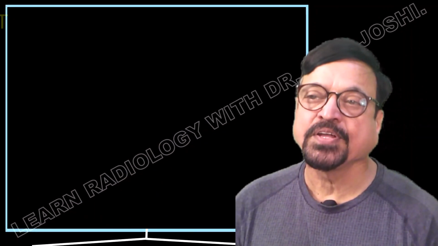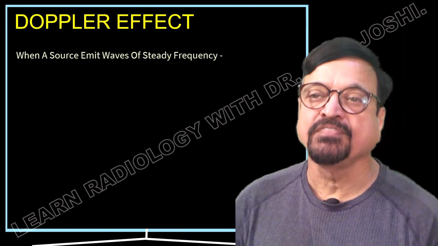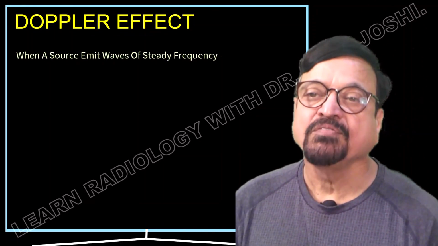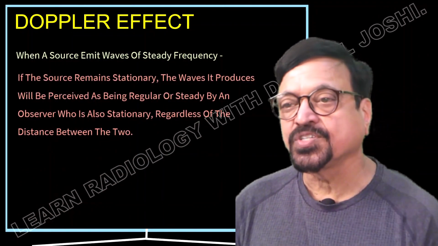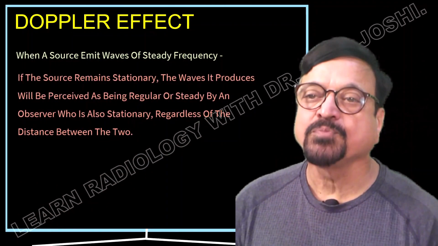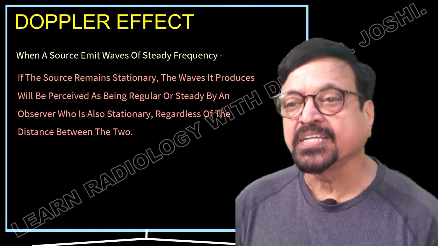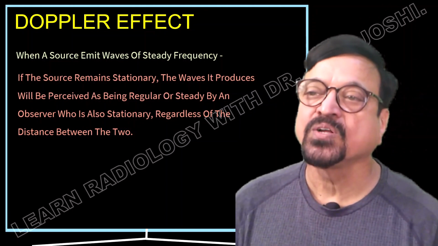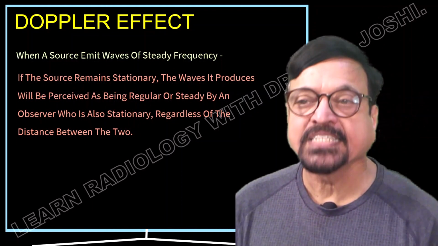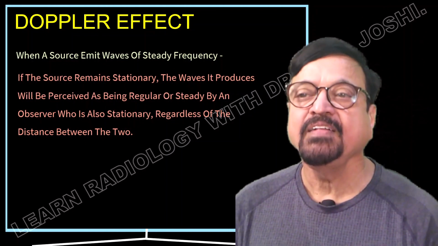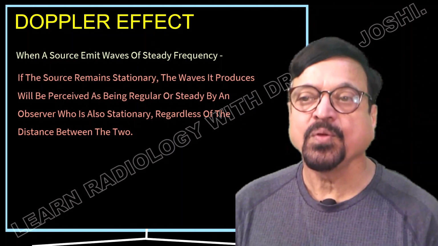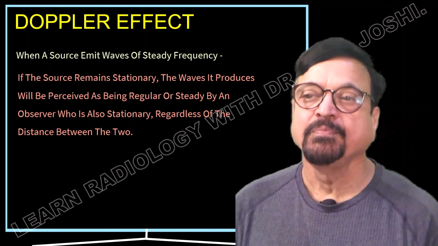The effect is that's why known by his name as the Doppler effect. That is, when a source emits waves of steady frequency, if the source remains stationary, the waves it produces will be perceived as regular or steady. If both the observer and source are steady, the waves received will be of the same frequency.